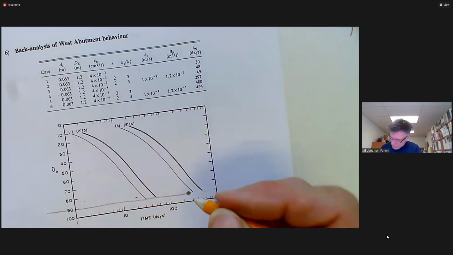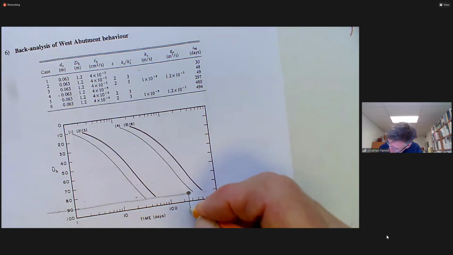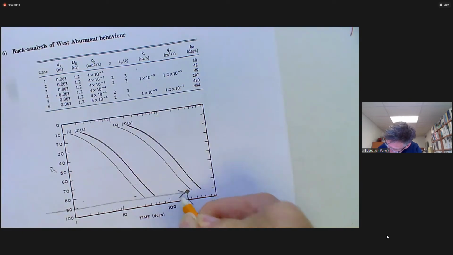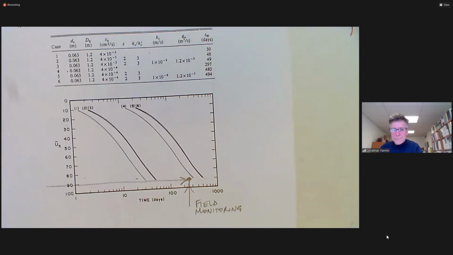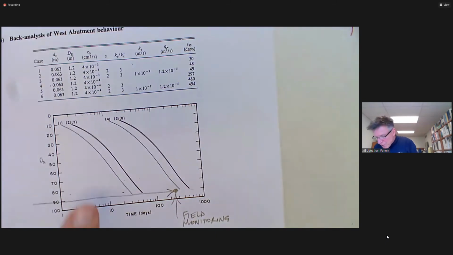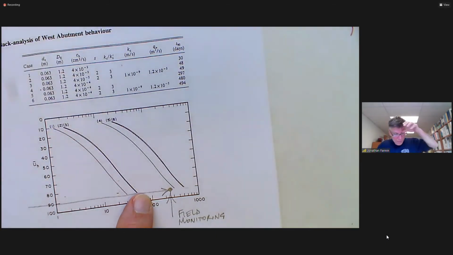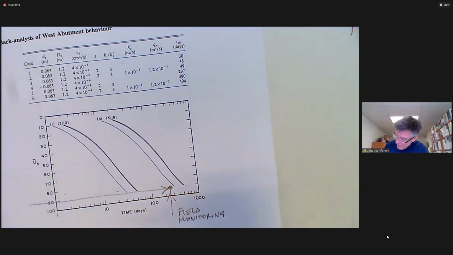Okay. Field performance, field monitoring. Okay. And these are theoretical curves based on Hansbo's relation.